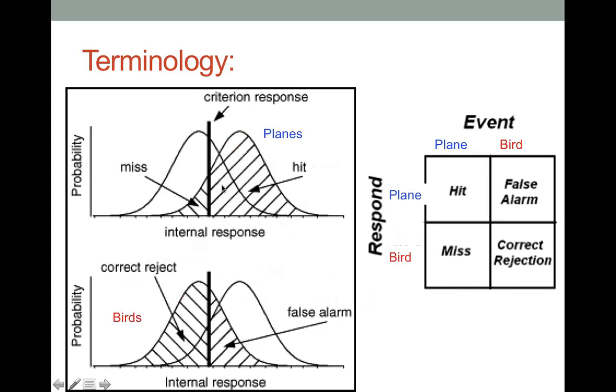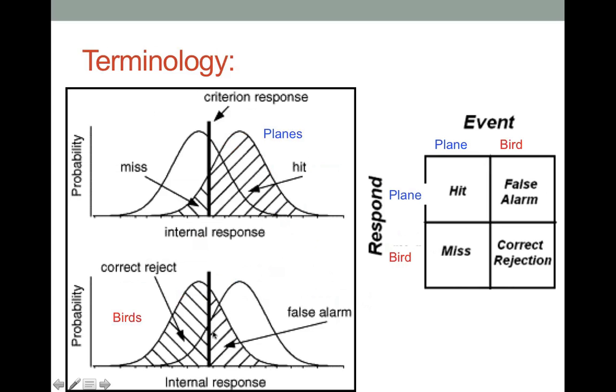Now similarly, we could do the same kind of thing for the distribution of birds. So if it's a bird and I call it a plane, that's what's called a false alarm, because I said plane but I was wrong. So this region here you can see is the false alarm region.